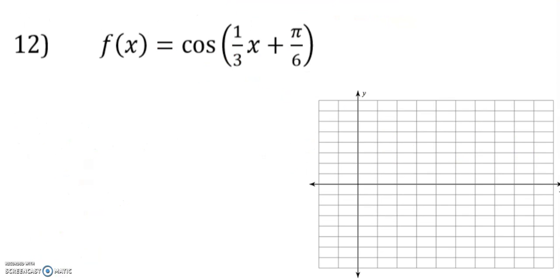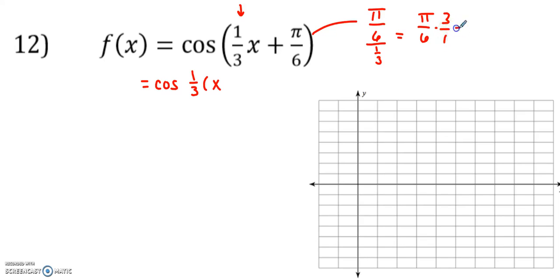All right, let's do it one more time. Here we have a phase shift, but we need to figure out what it is once this gets factored out. So when we do that, we have cosine of 1/3 x. But now I have pi over 6. Remember I said when you factor out, you're really just dividing by it. So if I divide by 1/3, I have pi over 6 times 3 over 1.